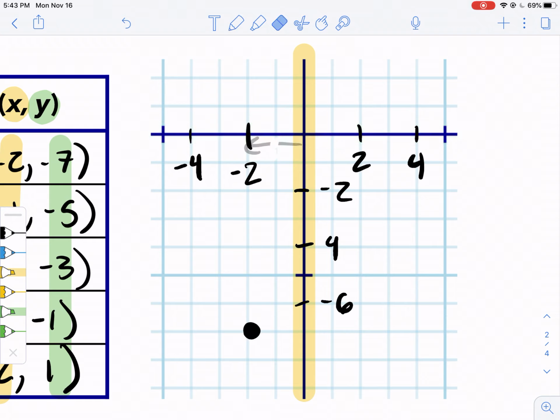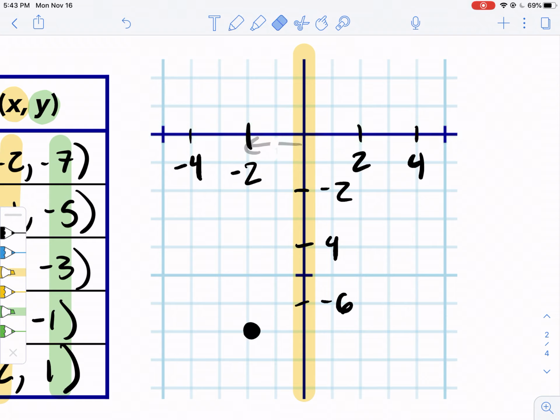And then 14 times 2 plus 27, which is 28 plus 27, giving us 55. 14 times 3 plus 27 is 69. 14 times 4 plus 27 is 83. And finally, 14 times 5 is 70 plus 27 gives us 97. So there we have our points. We have (1, 41), (2, 55), (3, 69), (4, 83), and (5, 97).